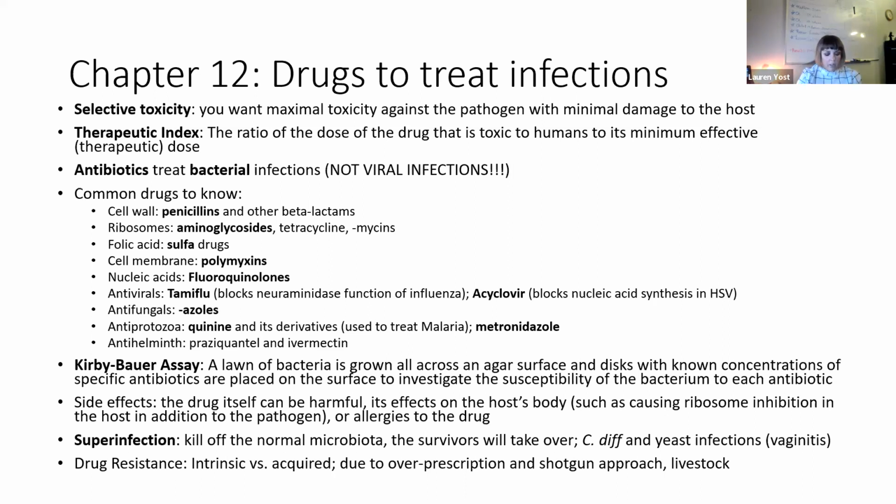So the amount of drug that it takes to kill the bacteria versus the amount of drug that it would take to cause bad symptoms in people. And the closer those values are to one another, the ratio becoming 1, the worse that is. We don't want that. So we want to shoot for something that allows a greater distance between those two. So that's the idea with selective toxicity. We don't want to harm the host, but we do want to kill the bacteria.